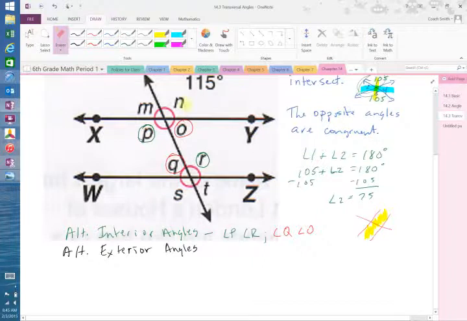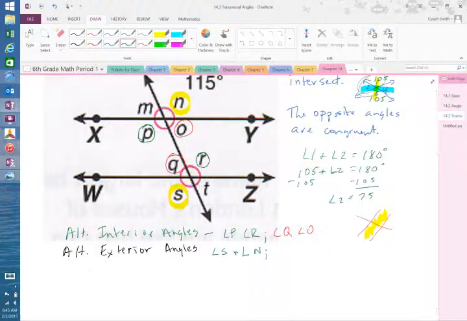Okay? Alternate exterior angles. Here is one. Okay? But I have to go up top for the other one. Okay? So, angle S and angle N are alternate exterior angles.